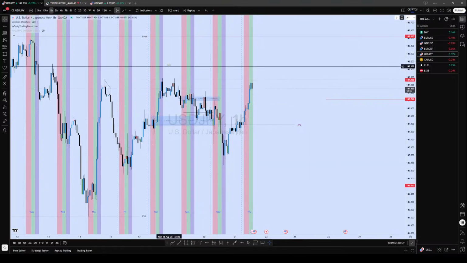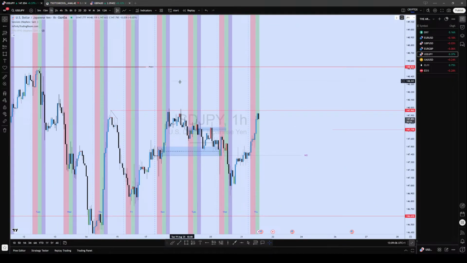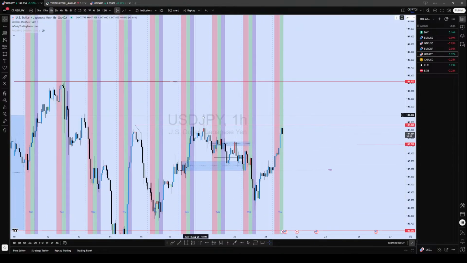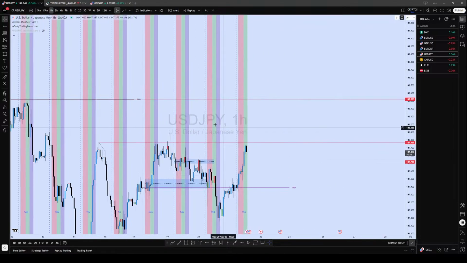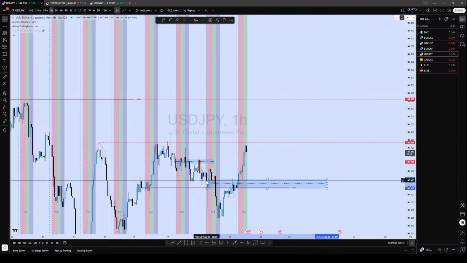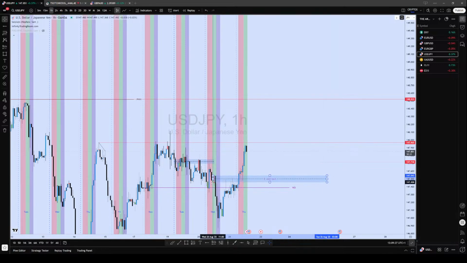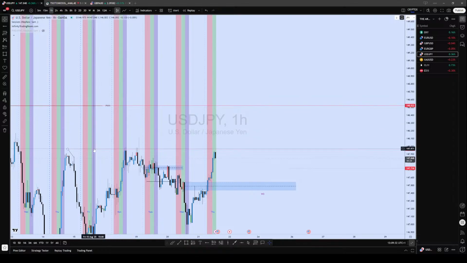Dollar yen, we also made mention that we are not doing anything with it, but it looks to me that they were going to come for the previous week high based on the weekly time frame. They're going to come for the previous week high, hence that is still the case. I like the fact that they went above this New York session high, so that will become a breaker, and then they'll continue going up.